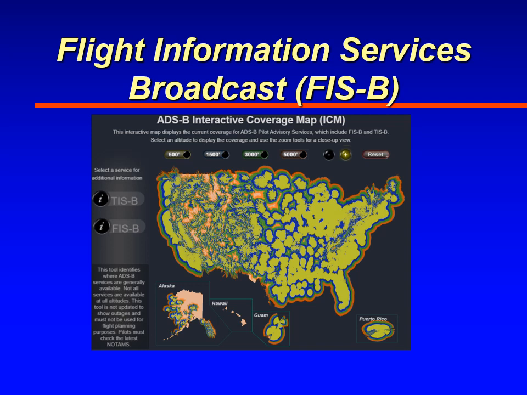And of course, the higher you get, the farther you can receive a ground transmitter. So at higher altitudes, it's almost seamless across the United States, flying from one part to the other. You're almost continuously in FISB service volumes, except when you get, of course, out west, where you have mountains and terrain obstructions and other things like that.